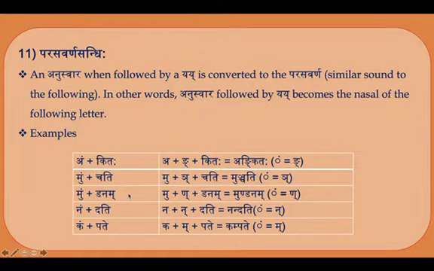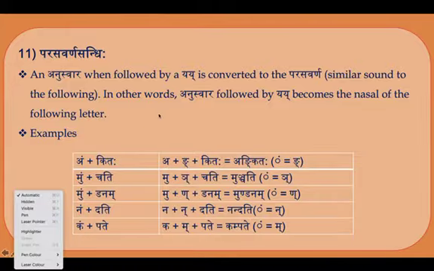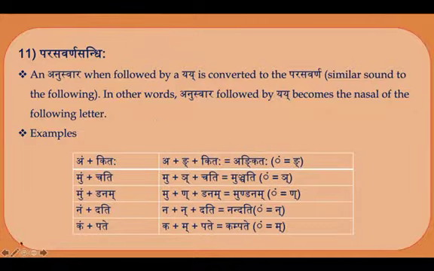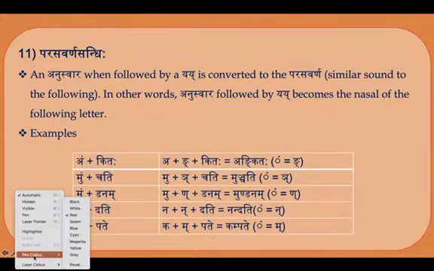You look at this. This is one pada only, right? But we cannot write this, because this Anuswara is followed by a consonant, correct? We cannot write this as, for example, Amkita. Ankita, right?